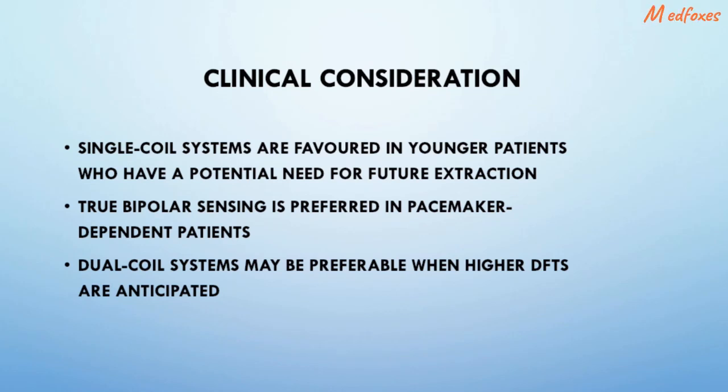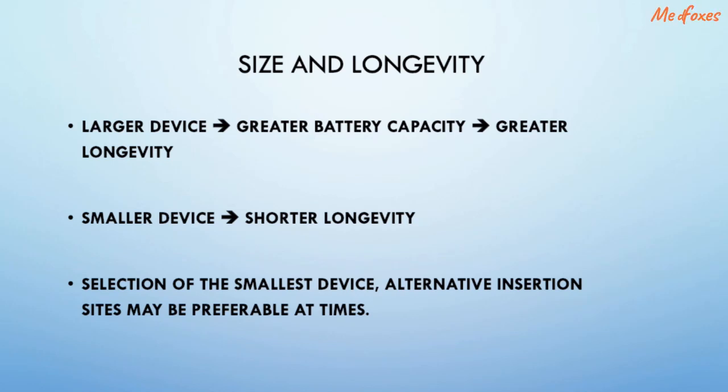Dual coil systems may be preferable when higher defibrillation thresholds are anticipated, for example in hypertrophic cardiomyopathy, antiarrhythmic therapy, or some sodium channel defects. In general, larger devices have greater battery capacity and thus greater longevity.